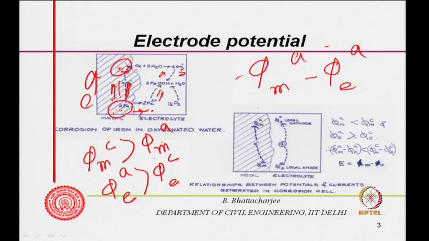This is one potential. The other potential is phi metal cathode minus phi electrolyte cathode.